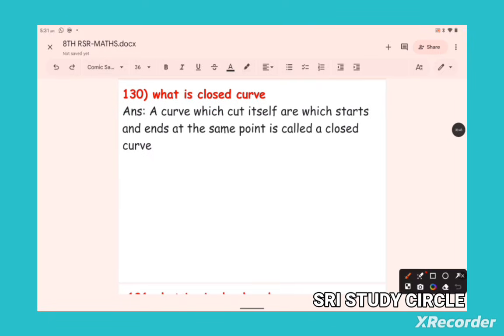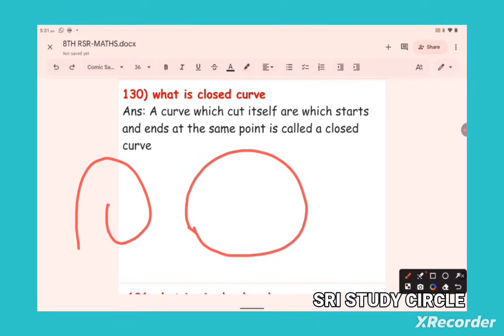What is a closed curve? A curve which cuts itself, or which starts and ends at the same point, is called a closed curve. Suppose this is a closed curve.